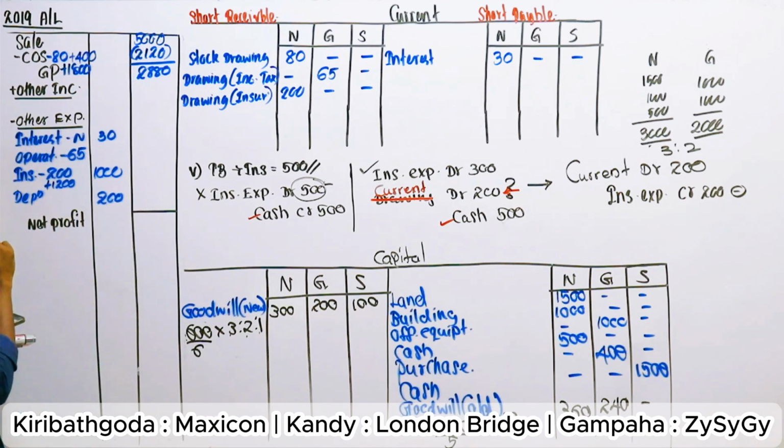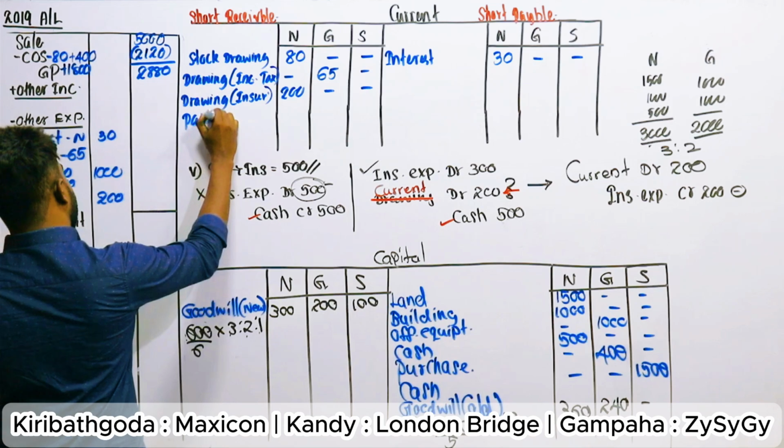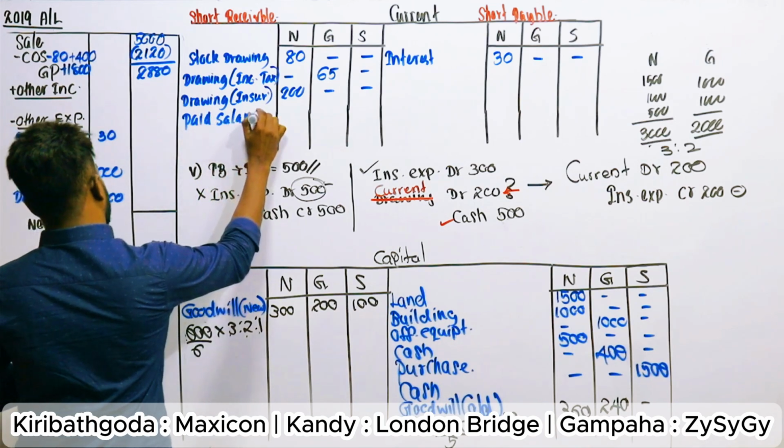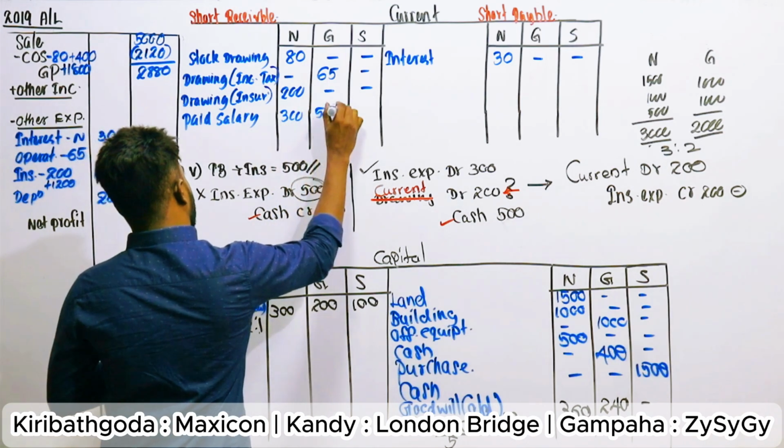Accumulated depreciation, don't record. Loan insurance, okay. Salary paid to partners, paid salaries: current account debit 300, 500.